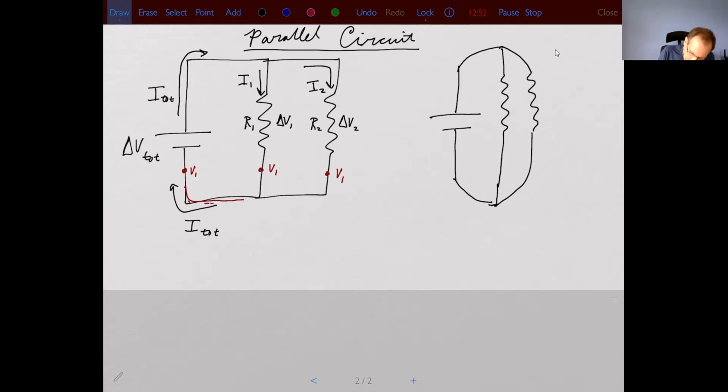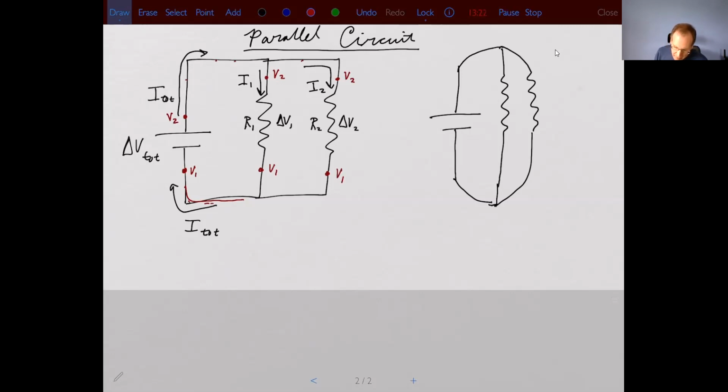Then on the other side of the battery, I have a higher potential, say V2. And since these are just wires, this is also V2. This is also V2. In fact, anywhere here would be V2. So if you look at that voltage drop, remember voltage drop is just V2 minus V1, the change in that potential.